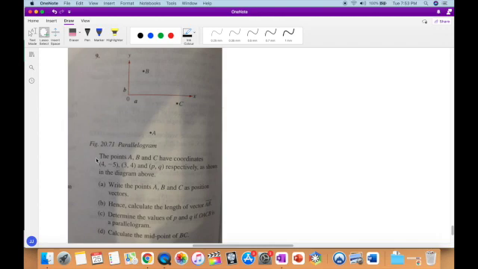So let's see here. They actually gave us a diagram. How kind of them, right? I guess they don't want us to do anything drastic. So we see here that the points A, B, and C have coordinates as shown in the diagram. Point A is (4, -5).